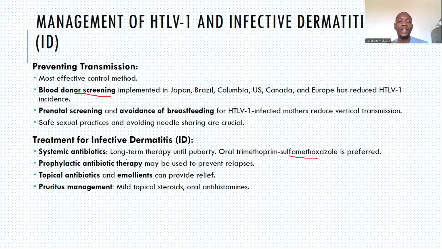Then we can also give prophylactic antibiotic therapy, and this can also be used to prevent relapses. So if you think that the child is infected, maybe the mother has given them the condition, you can go ahead and give Septrin, or the trimethoprim-sulfamethoxazole. Then you've seen us, even in patients living with HIV, when they give birth to a baby as part of elimination of mother-to-child transmission of HIV, we give them Septrin after we've stopped the developing syrup.